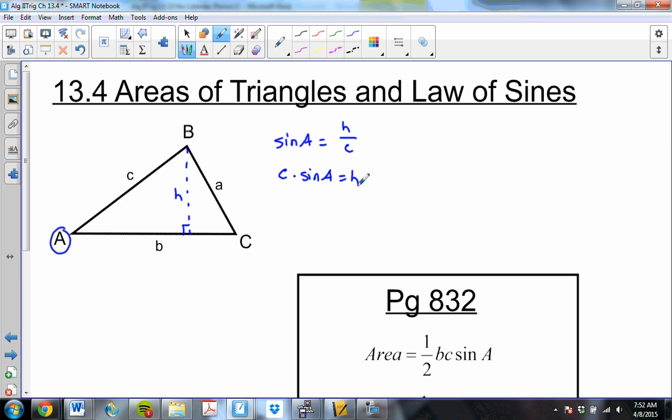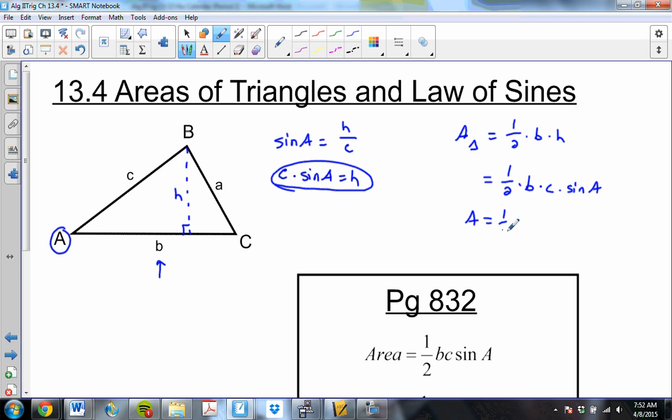Well, I know that the area of a triangle is 1/2 times base times height. The base in this case is actually b, so this is 1/2 times the base times the height, and the height was c sine A, so I substitute c times the sine of A, and we get that the area of this triangle is 1/2 bc sine of A.